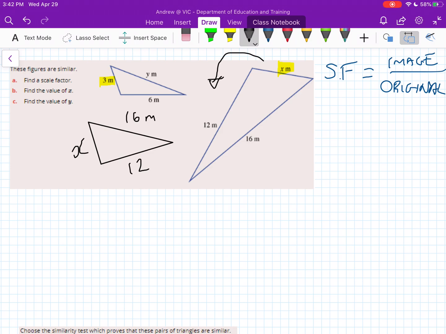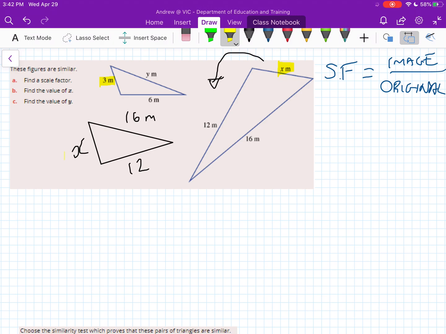Okay? So just make sure that you are flipping it, rotating it, however, to make it look similar to the first one, so you can make sure that you've got the same side lengths matching up. Essentially that's most of the trick to this, is just making sure you get the right ones to match up.